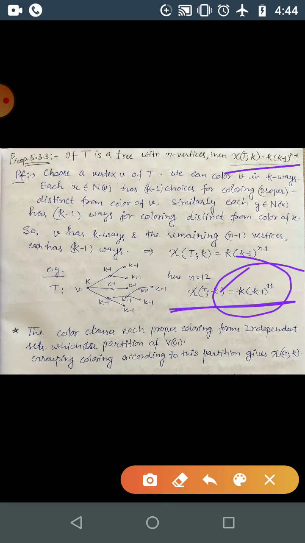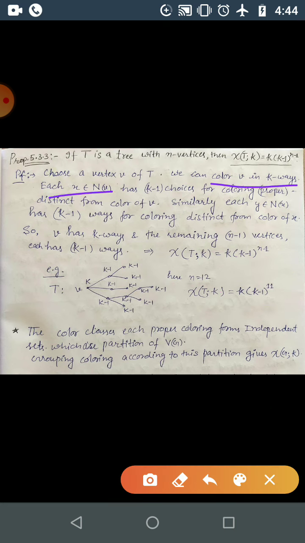Yeah, here choose a vertex V. So this V you can choose. We can color this V in k ways, okay? So k ways, and each vertex that is a neighbor of this V has k minus 1 choices, distinct from the color of V, correct?